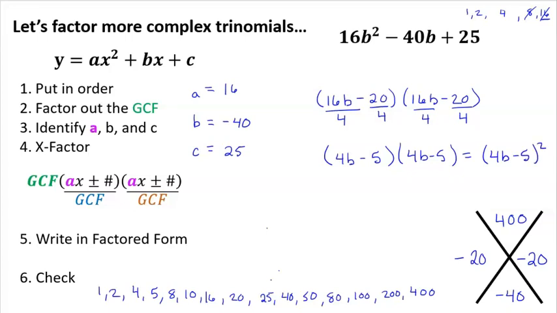Now, something about this one is if you had known about your special products, you would have noticed that we have a perfect square here, a perfect square here. So our perfect square of 16, if we took the square root, we would have 4. And then if we took the square root of 25, we get 5.